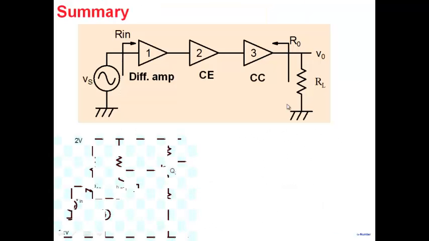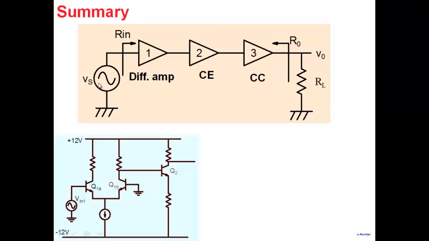So let me summarize. We had started off by saying that any op amp has at least three distinct stages: a differential stage, in the middle a gain stage, and at the output a stage dedicated to providing small output resistance and a reasonable current driving capability.